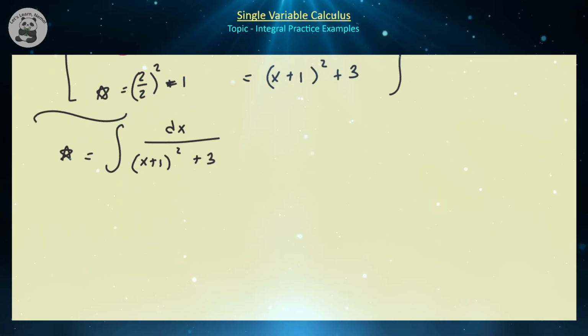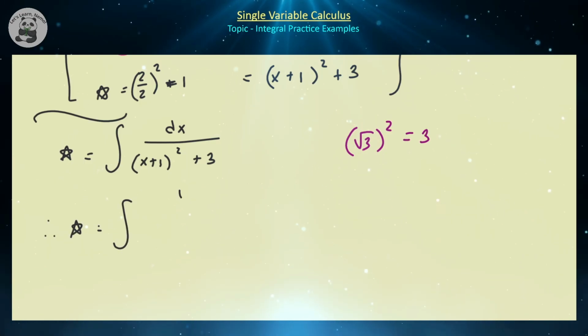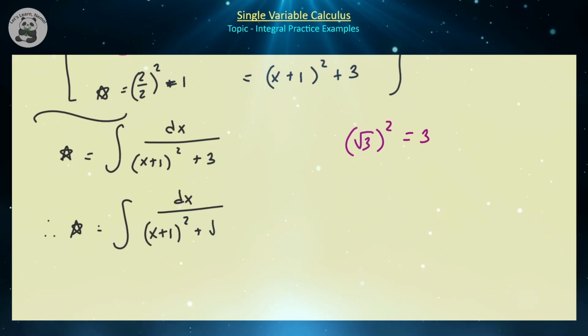At least it's sort of like the u squared plus 1, but we have this plus 3, which is actually quite annoying. So keep in mind that the square root of 3 squared is equal to 3, so I can write our integral as the integral of dx all over x plus 1 squared plus the square root of 3 squared.